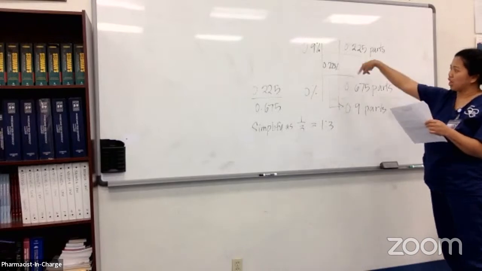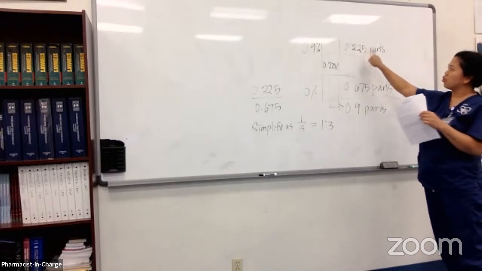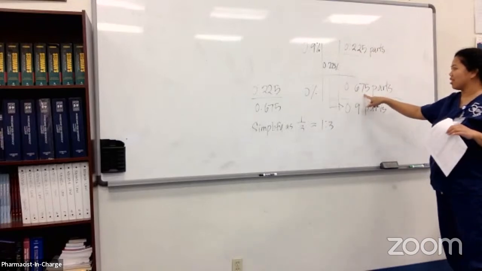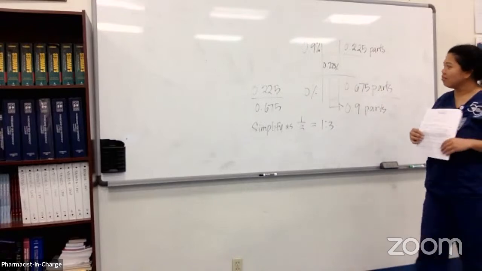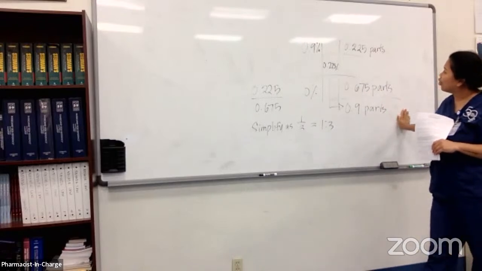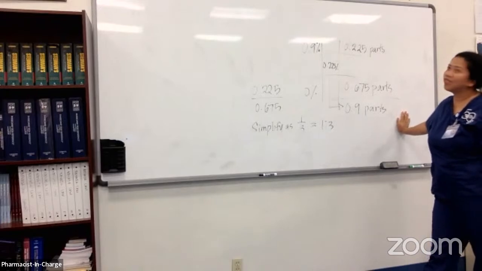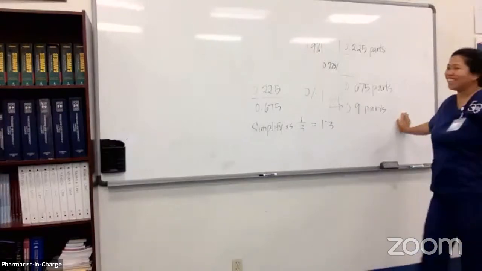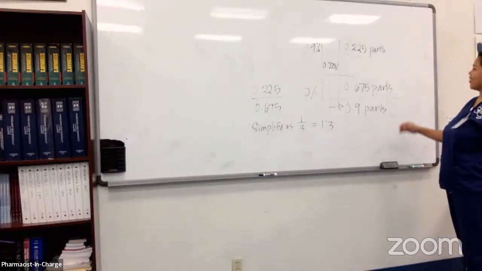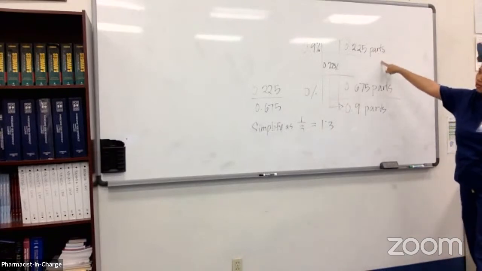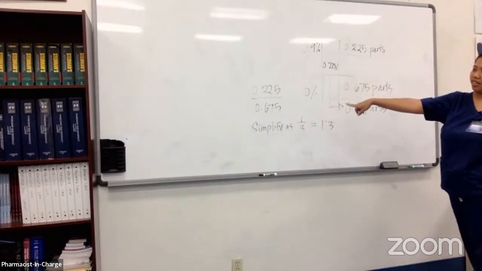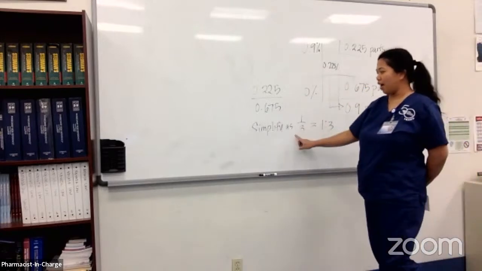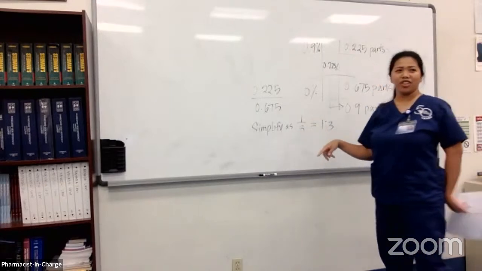So I subtracted that, and I got 0.225 for NaCl, and for the water, 0.675 parts. In order for me to get the ratio, I have to have a fraction. I put 0.225 in my numerator and 0.675 in my denominator, and I simplify it. It gives me 1/3.